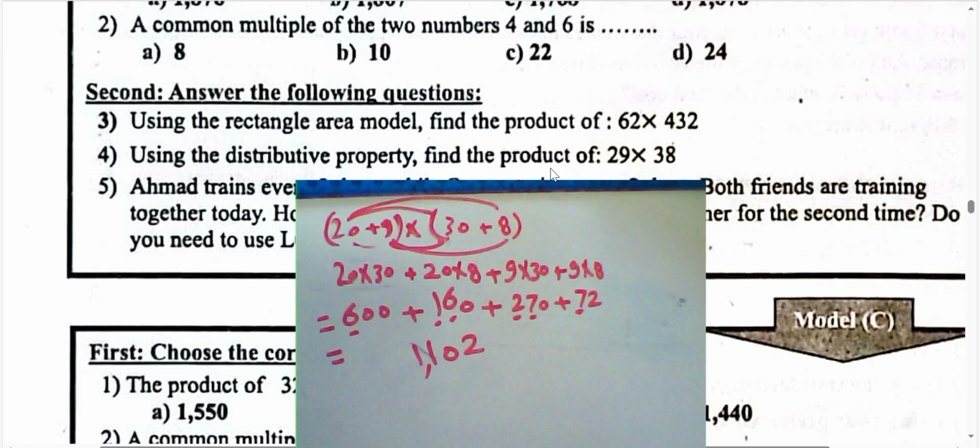Then 29 multiplied by 38 is equivalent to 1102. Okay, the answer will be 1102.